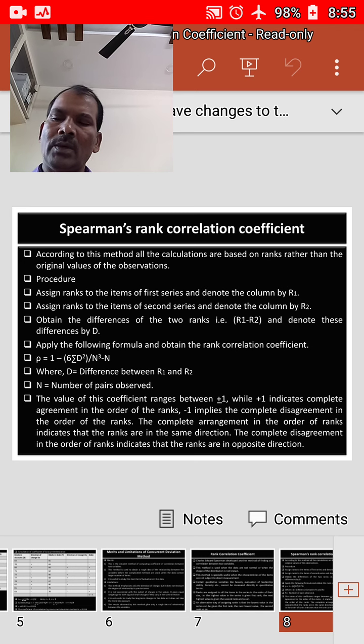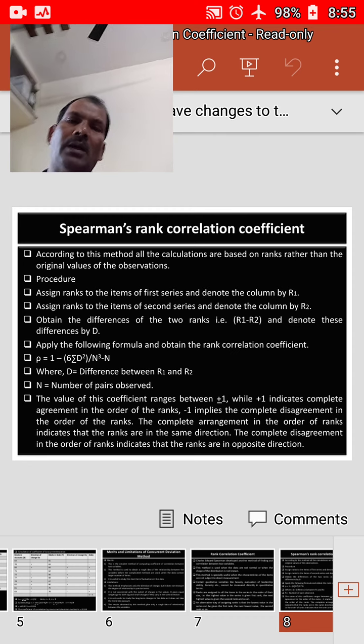The value of this coefficient ranges between plus and minus 1, where plus 1 indicates complete agreement in the order of the ranks, and minus 1 implies complete disagreement in the order of the ranks. The complete agreement in the order of the ranks indicates that the ranks are in the same direction. On the other hand, the complete disagreement in the order of ranks indicates that the ranks are in the opposite direction.